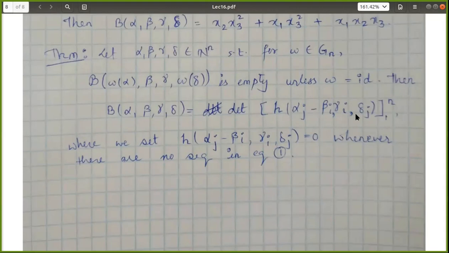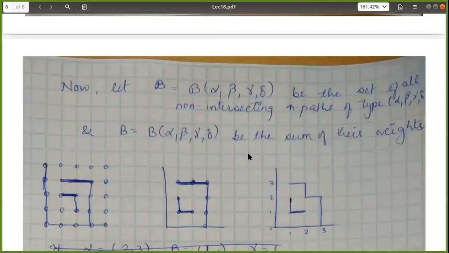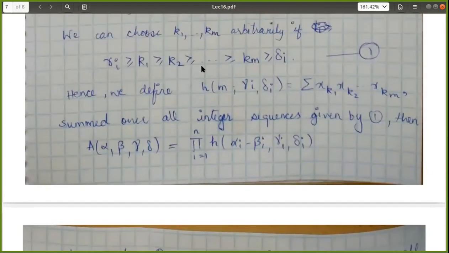This is an n cross n matrix, where we set this to be 0 whenever there are no sequences in this equation.